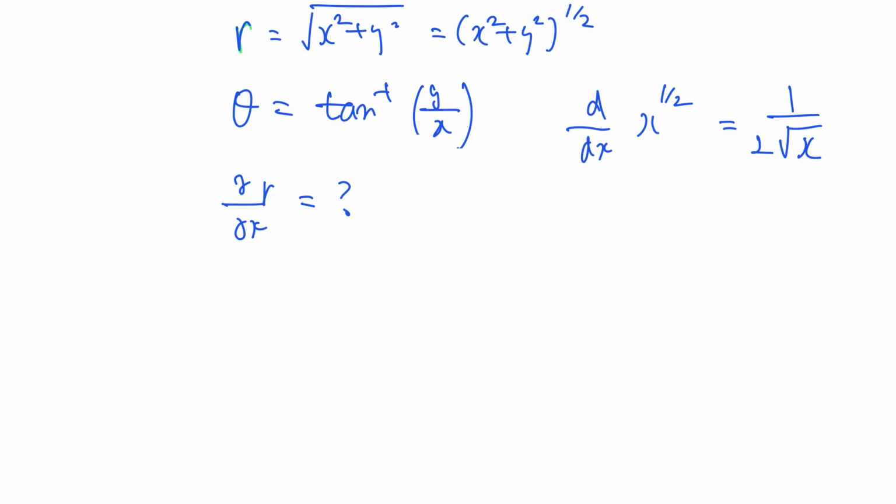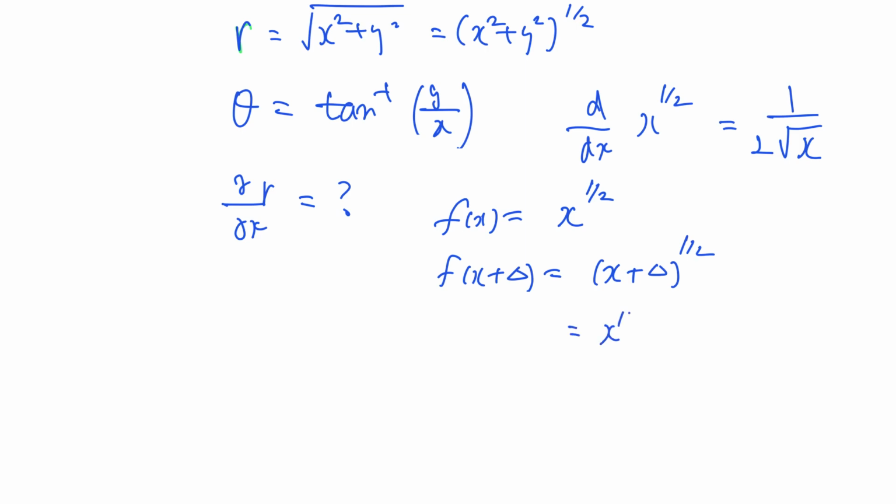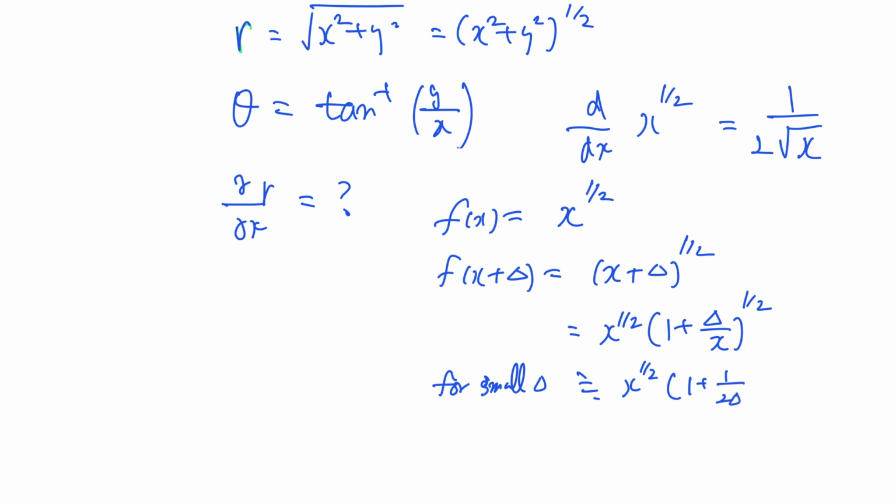So let's say f(x) is x to the 1/2. f(x plus delta x) is x to the 1/2, 1 plus delta over x to the 1/2. And for small delta, I told you that this is roughly delta.